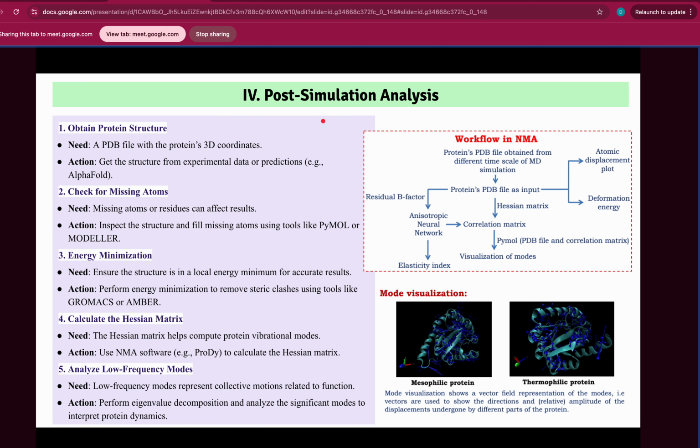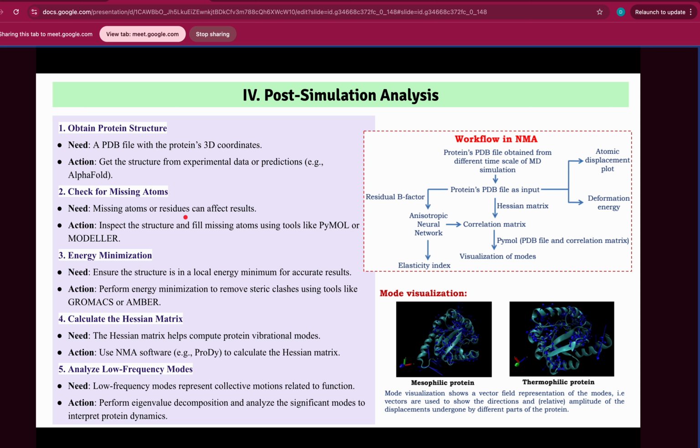And this is the workflow of NMA. So how do we proceed with this NMA? Firstly we obtain the protein structure, because we have seen that NMA is complementary to MD. So in NMA we obtain a PDB file. We get the structure from experimental data or predictions such as AlphaFold. Then we check for missing atoms, which we did in MD simulation as well.